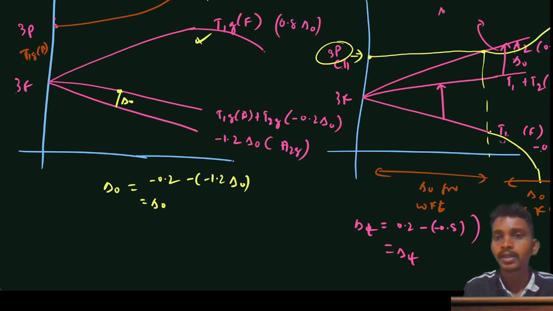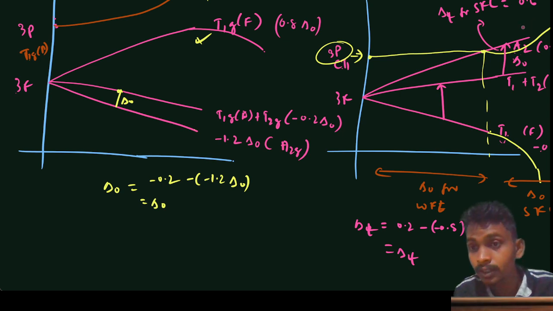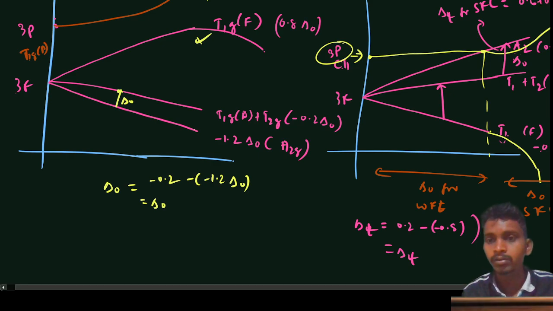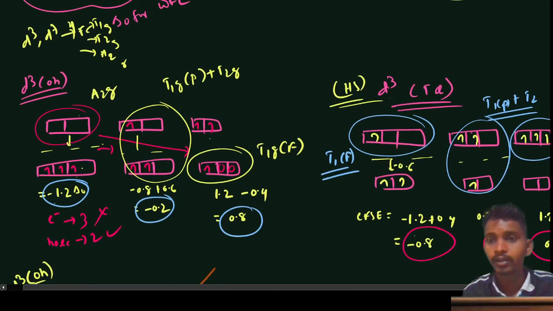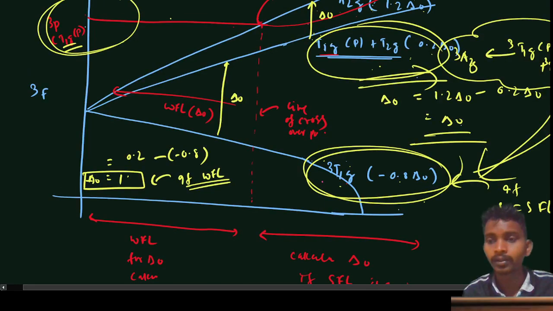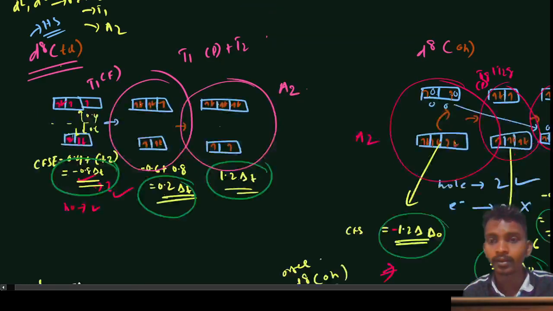So here and here, where the bend has not happened, this is the delta naught for strong field ligands. So delta T for strong field ligands will be from this to this, what are the values? 0.6 and 0.6 plus 0.2. Something may have gone wrong, because the net value should always be 1 delta.